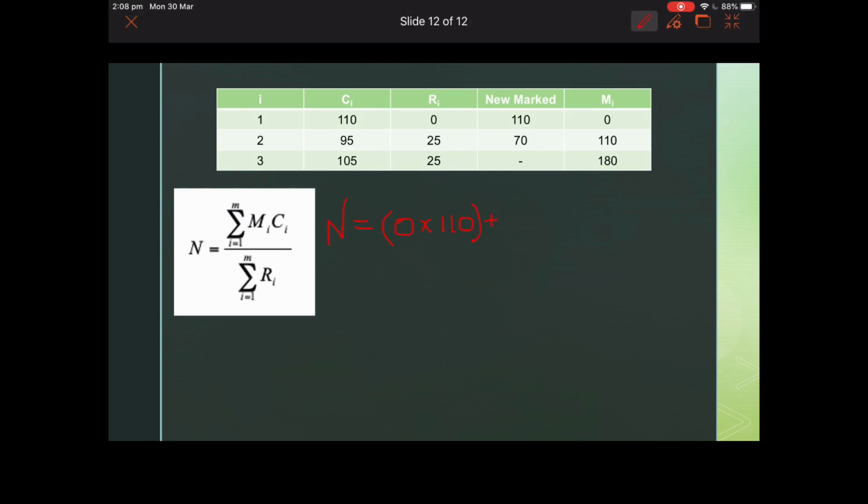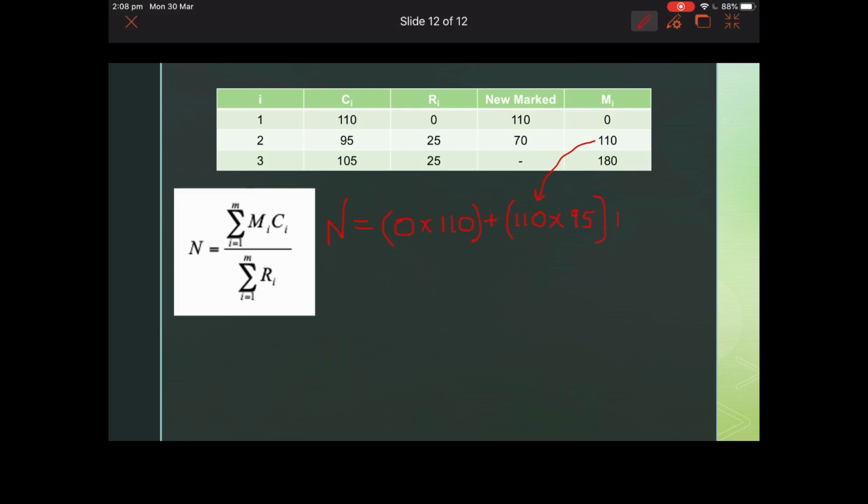And we are then going to add that to 110, which is M2, and we're multiplying that one by 95, which is C2.